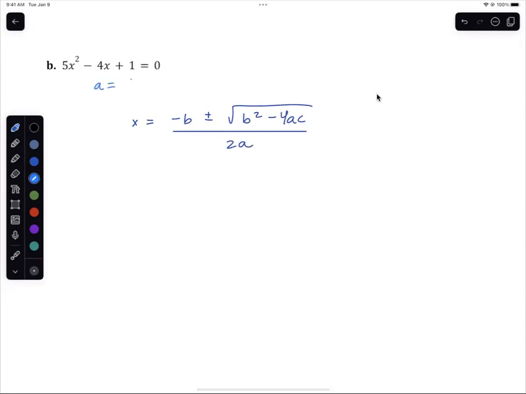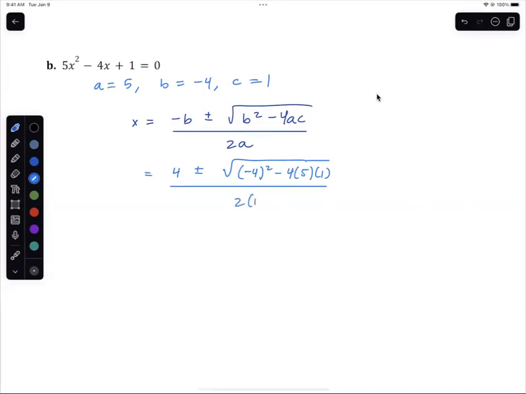A is 5, b is negative 4, and c is 1. So negative 4 is going to be 4 plus or minus the square root of negative 4 squared minus 4 times 5 times 1 all over 2 times 5.